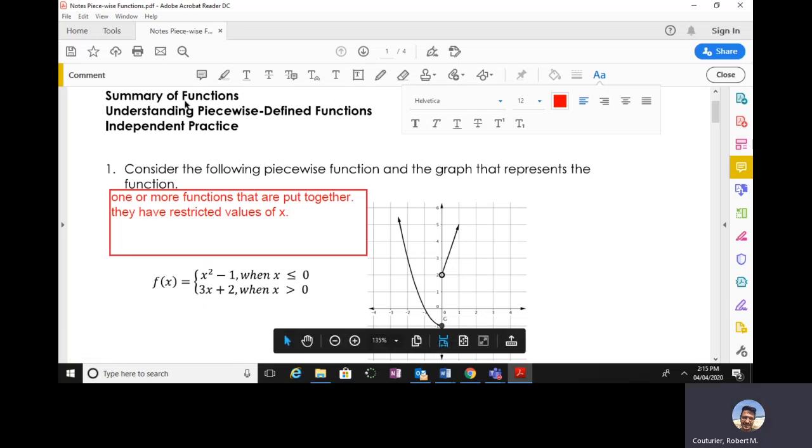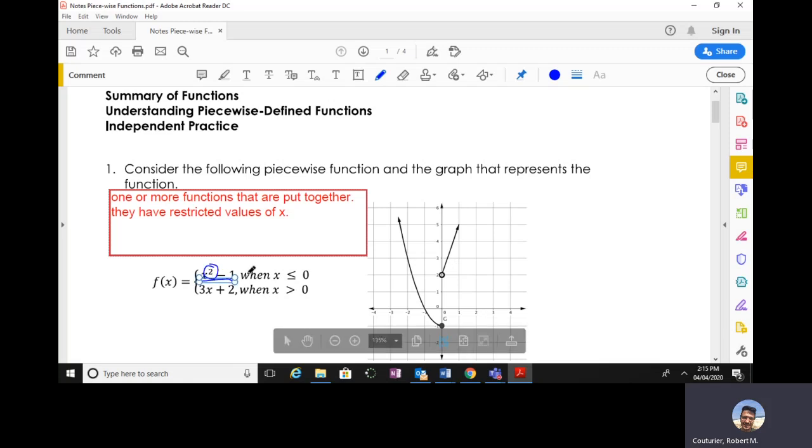At this point in our academic career in algebra, we should notice that if you take a look at this, look, x squared minus 1. This x squared here should tell you that's a quadratic function. Okay? And you look at this, 3x plus 2. This is a linear function.